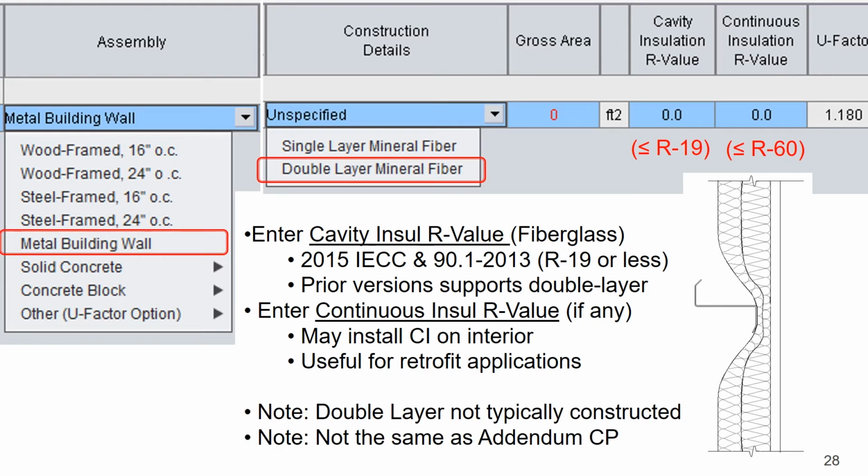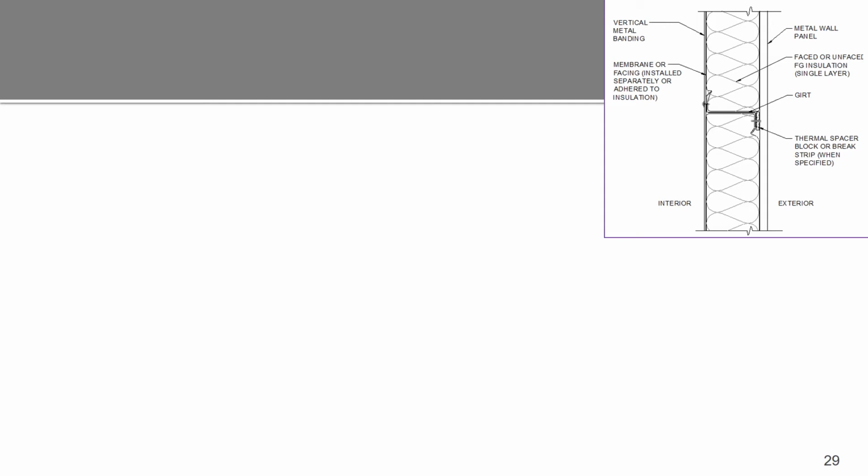And I've already reviewed this, that the double layer is not typically constructed, and this is not the same as what has been approved through the ASHRAE process via Addendum CP. So this is what was approved with the Addendum CP. This is a single layer system.